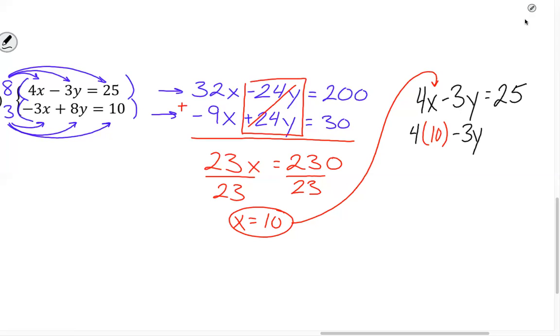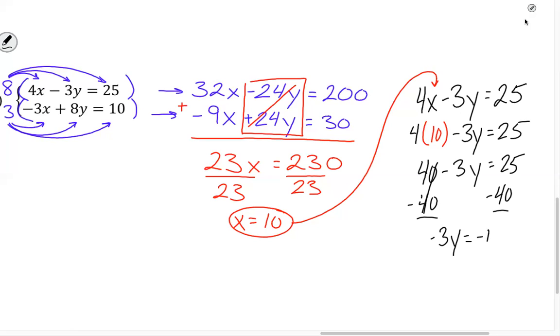Minus 3y equals 25. So I have 40 minus 3y equals 25. So let's see. Subtract that 40. I have negative 3y equals negative 15. Divide by negative 3. y equals 5. So my answer is 10, 5.